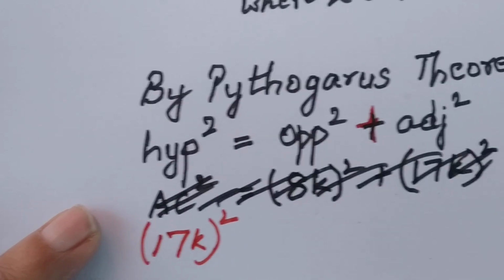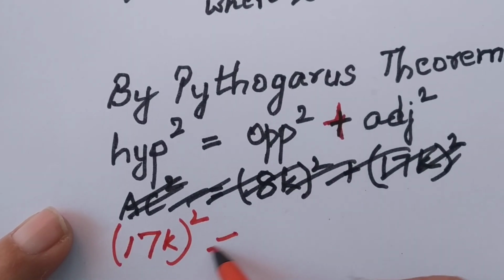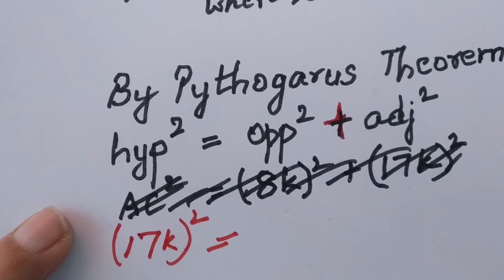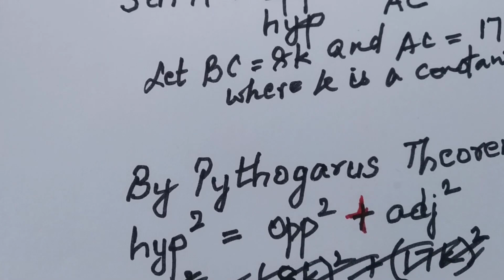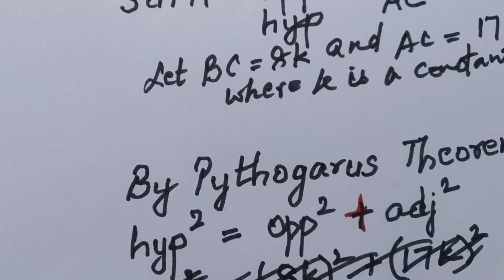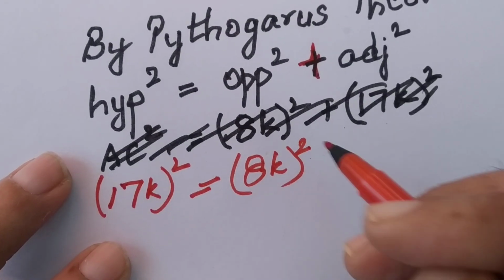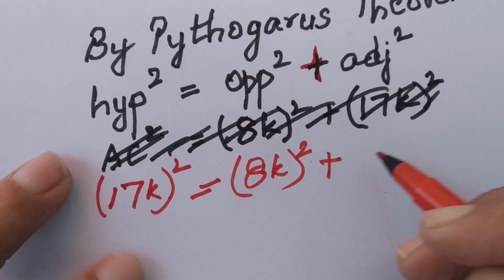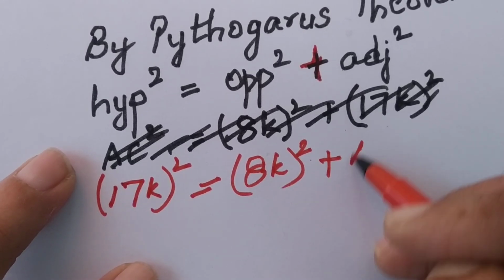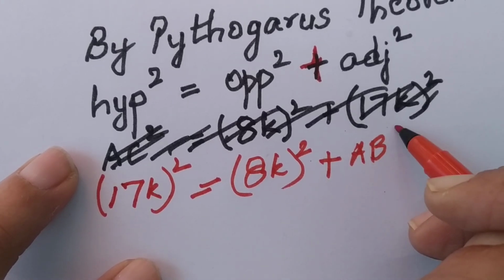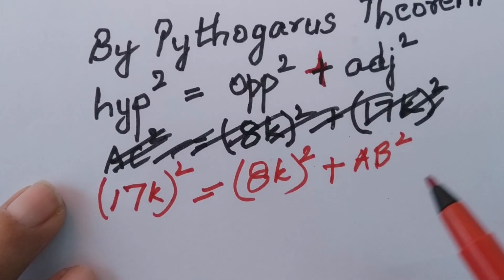This is equal to opposite squared, which is 8K the whole squared, plus adjacent squared. I don't know the adjacent, so I will leave it as AB squared. I need to find it out.